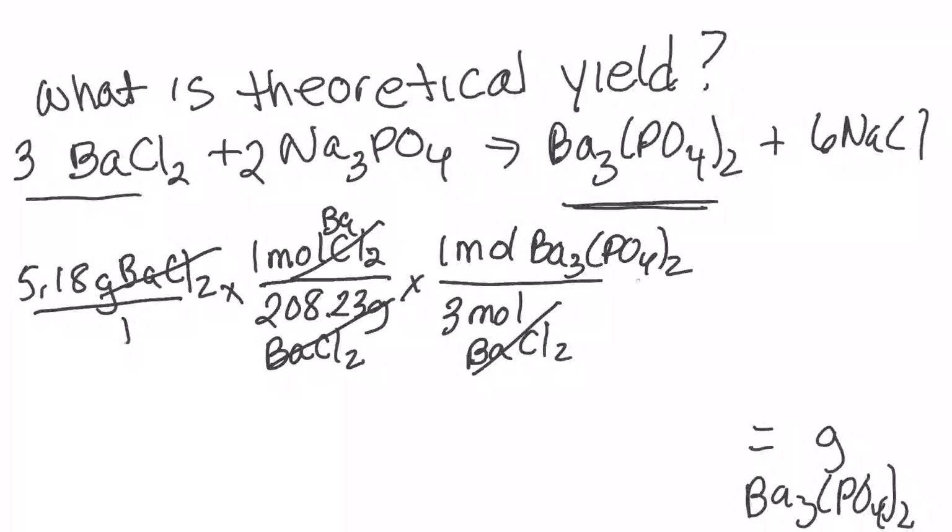And now I have moles of barium phosphate, but I'm not done because I want grams of barium phosphate. So I look up 3 bariums, 2 phosphorus, 8 oxygen, and I get a pretty large number. I get 601.93 grams of barium phosphate for every 1 mole of barium phosphate.